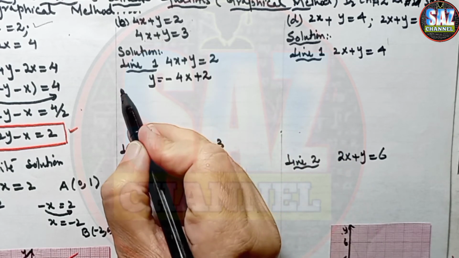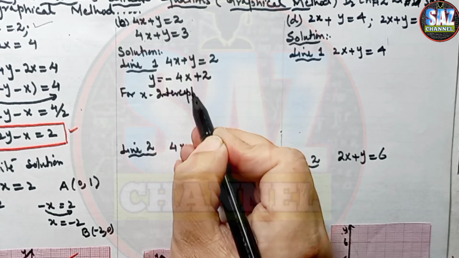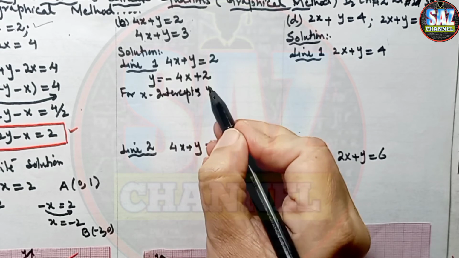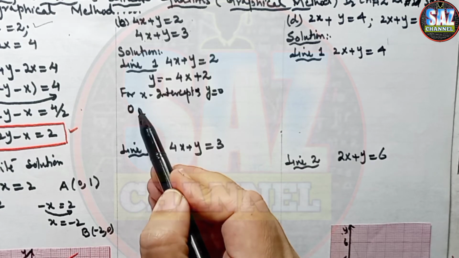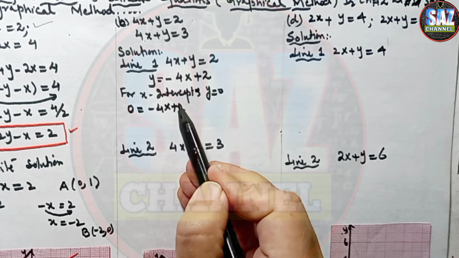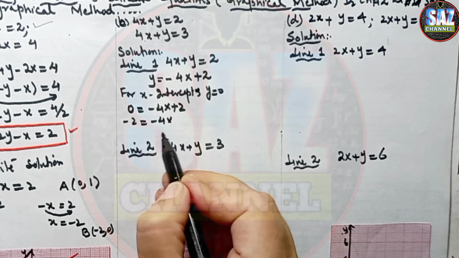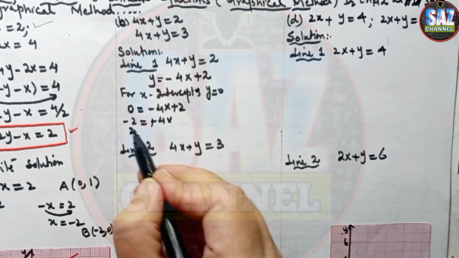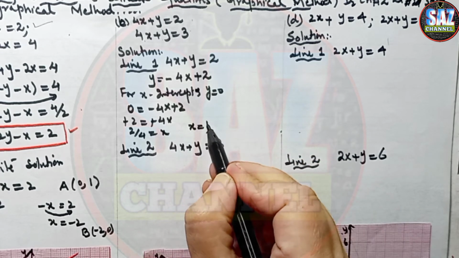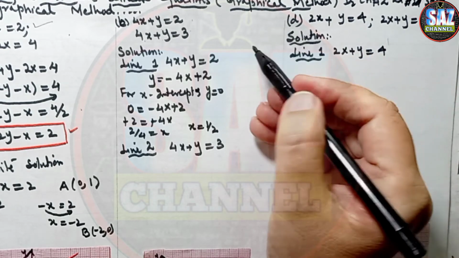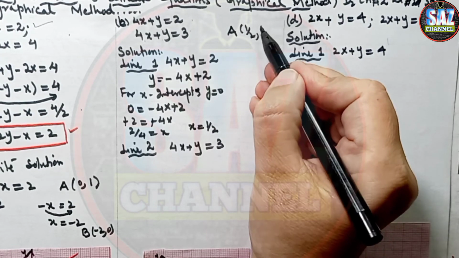For the x-intercept, I have to put y equals 0, and then the form is minus 4x plus 2 equals 0. Shifting 2 to the other side, minus 2 equals minus 4x, or x equals 2 by 4, or x will be equal to 1 by 2. So one of the points can be (1/2, 0).